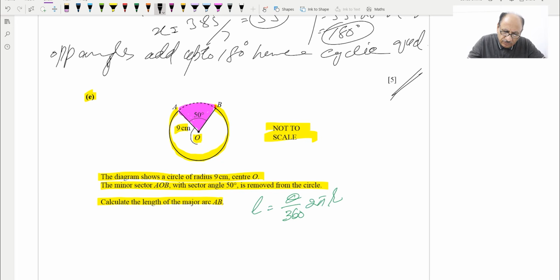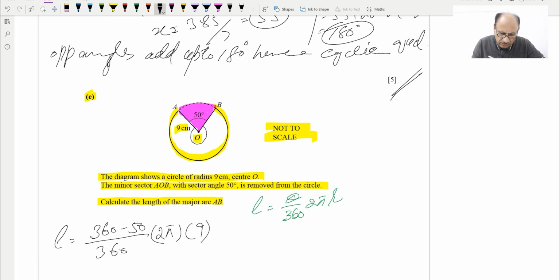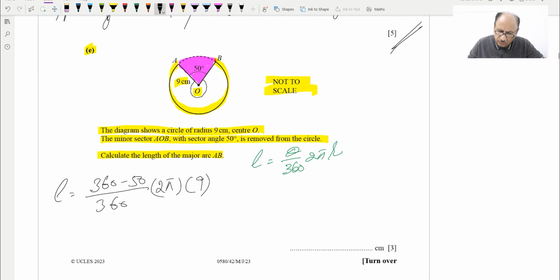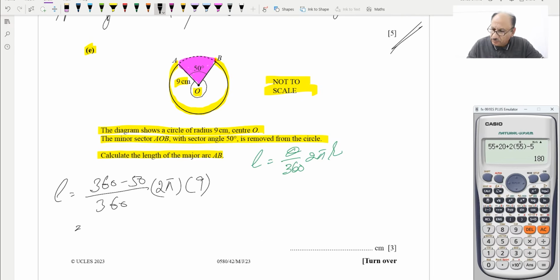Theta will be 360 minus 50. So L is equal to 360 minus 50 divided by 360 into 2 pi into r. R is 9. Now we will be calculating this with the help of a calculator.